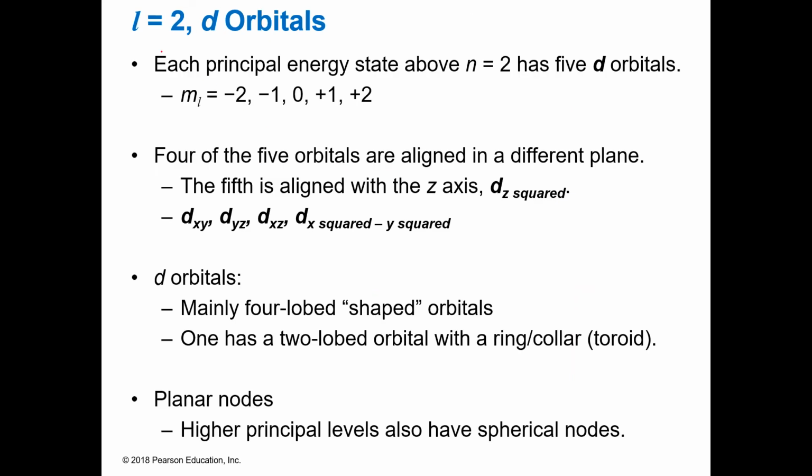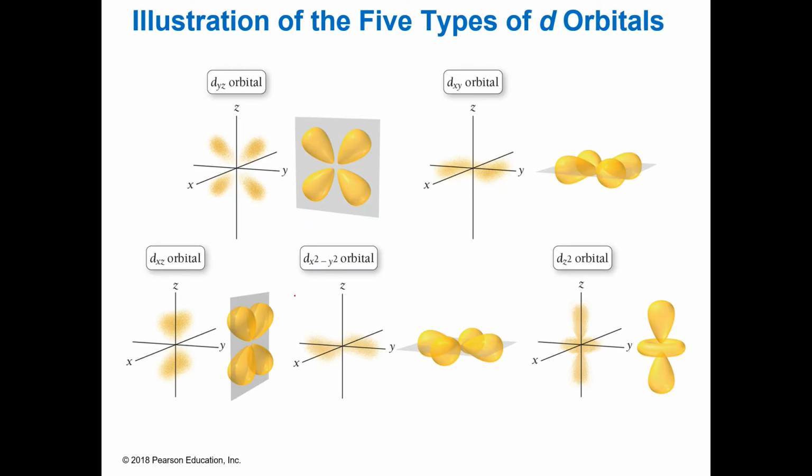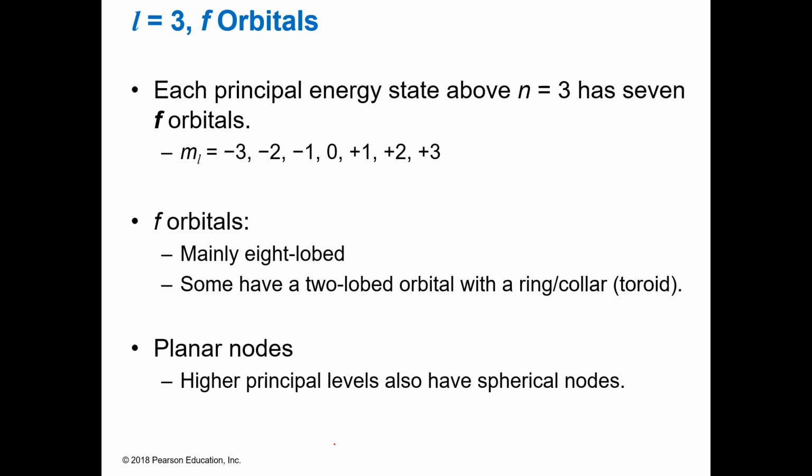Okay, then when l equals 2, it's our D subshell. Our D subshell has 5 orbitals. So there's 5 areas of space that you'll find your electrons, and that looks something like this. Each one of these represents an orbital or an area of space where you'll find the electrons. And then lastly, the F subshell, where l equals 3.